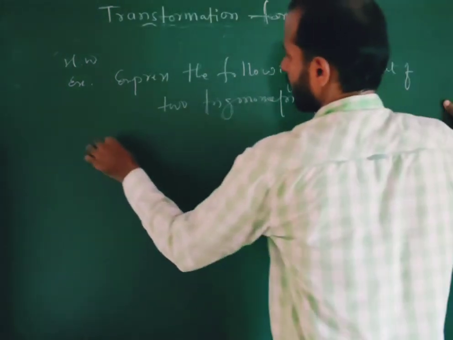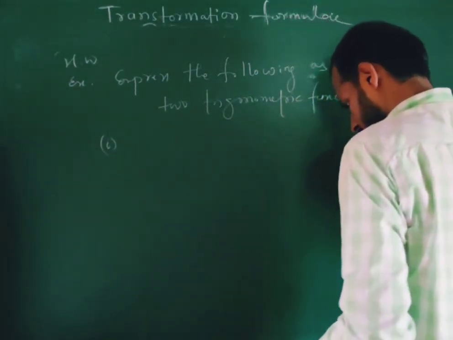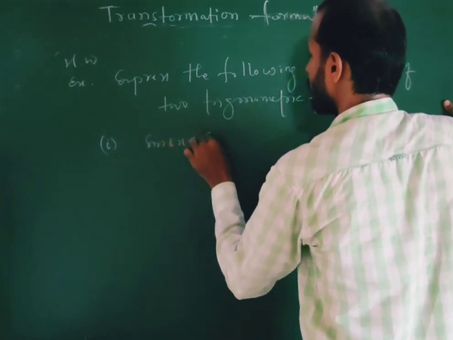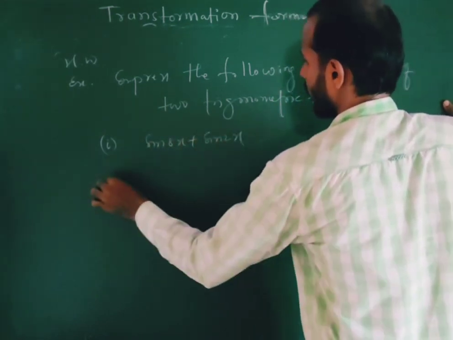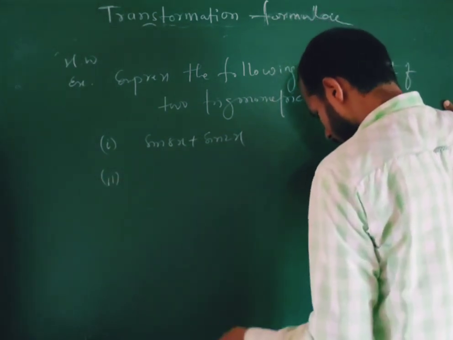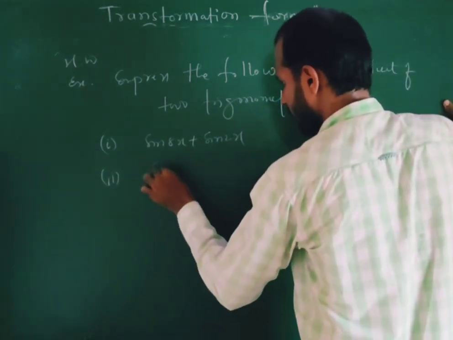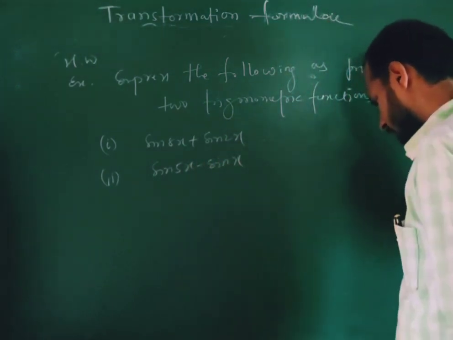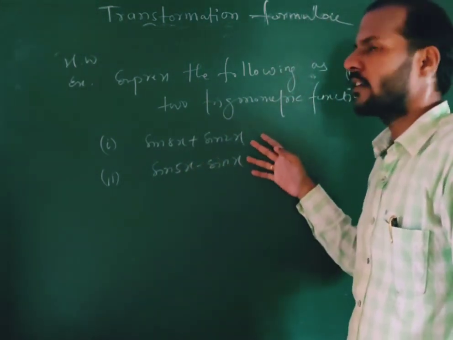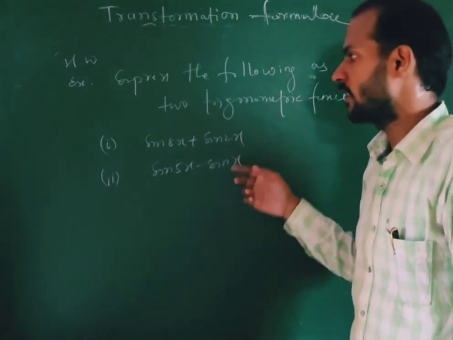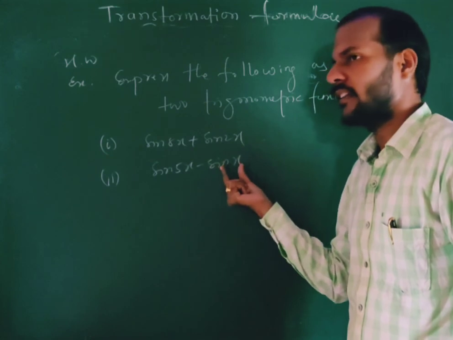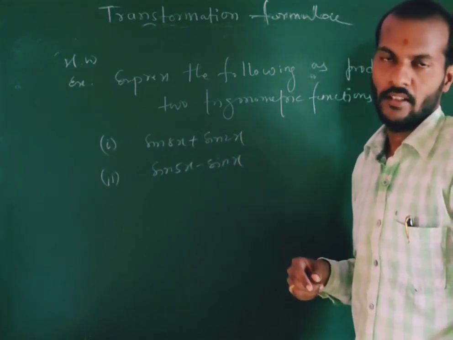Now first one is sin 8x plus sin 2x. Second one is sin 5x minus sin x. These two examples we can solve at home by using the sin c plus sin d, sin c minus sin d formula, right?